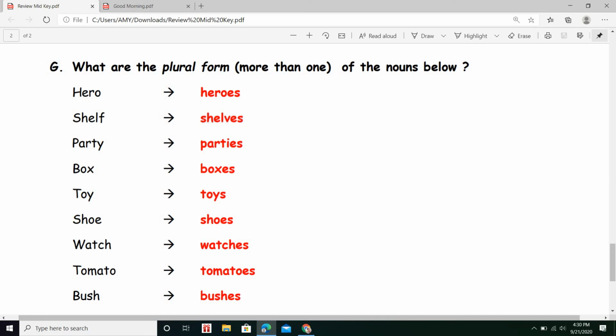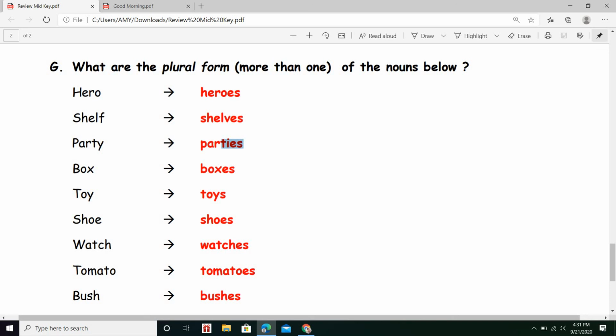Okay, now for the noun party. This noun ends with Y followed by a consonant. So T is a consonant and then the letter Y. So if there is a consonant followed by Y, then we cross out the Y, or erase the letter Y, and change it to IES.